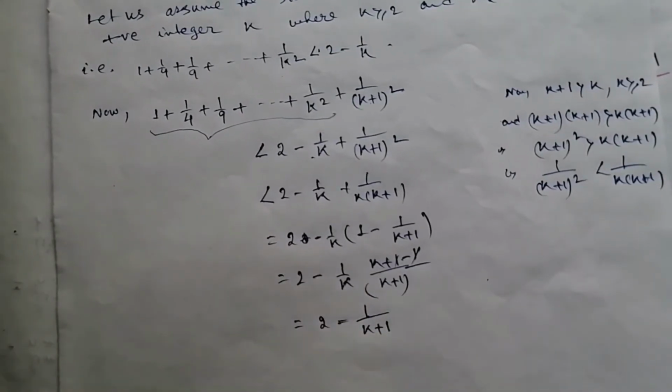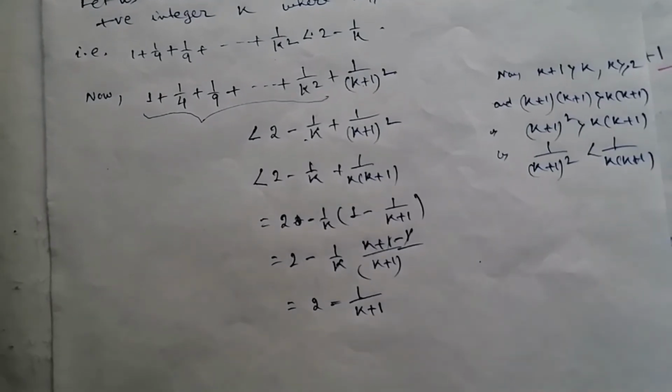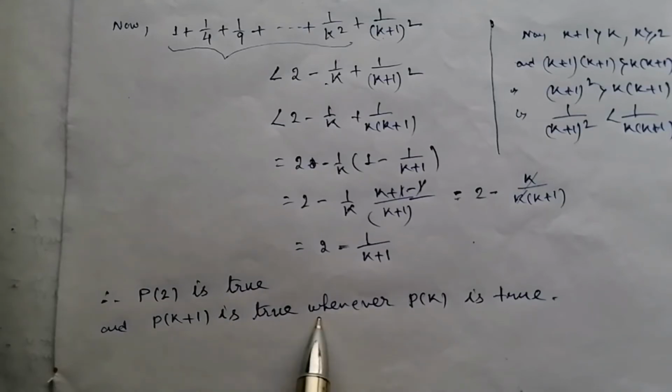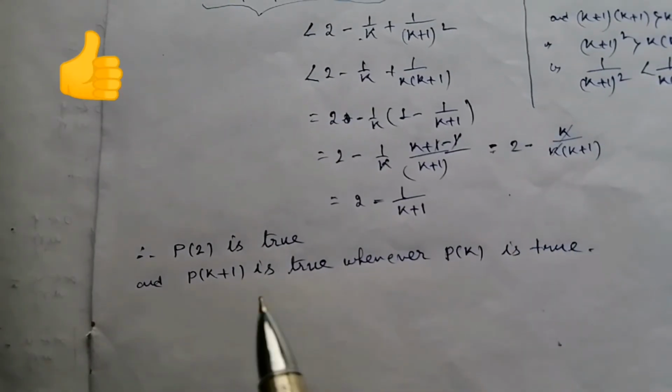Therefore, P(k+1) is also true when P(k) is true. Therefore, P2 is true and P(k+1) is true whenever P(k) is true. Therefore, by the principle of mathematical induction, P(m) is true for all m greater than or equal to 2 and m a natural number.